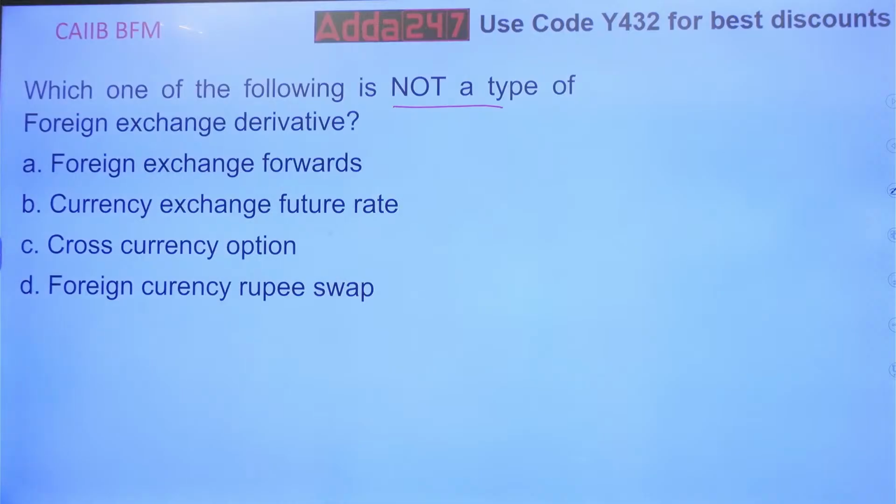What is the answer for this? You want the one which is not a forex derivative. Very tricky one. Let me see in the comment section what you are answering.